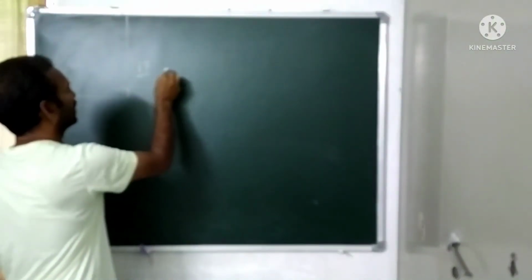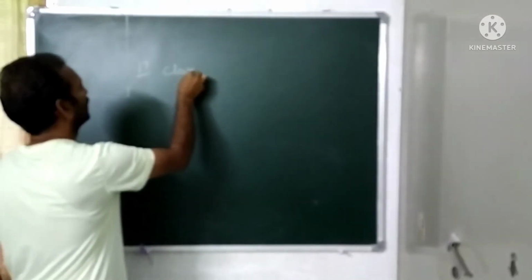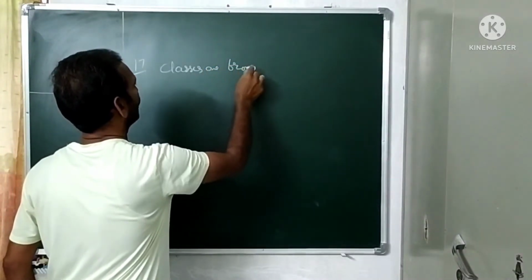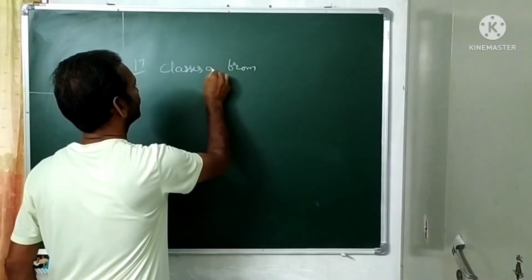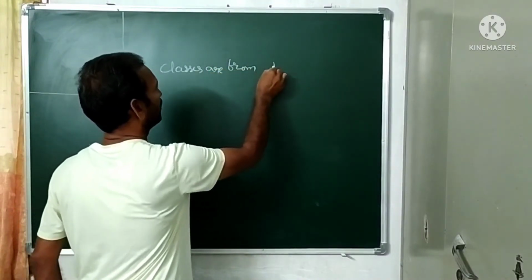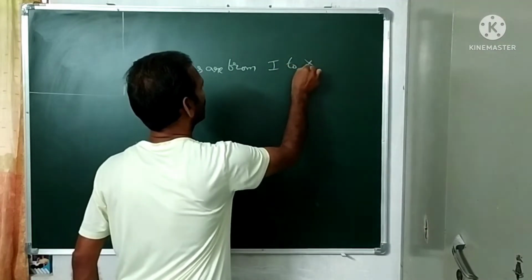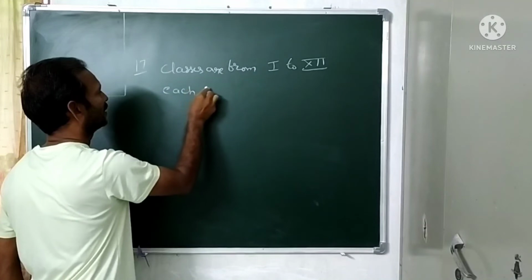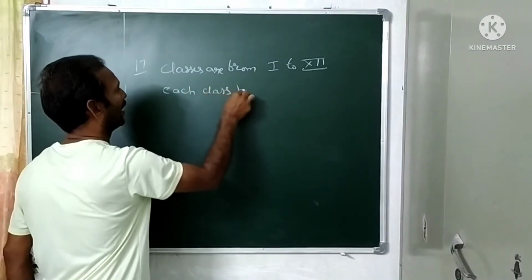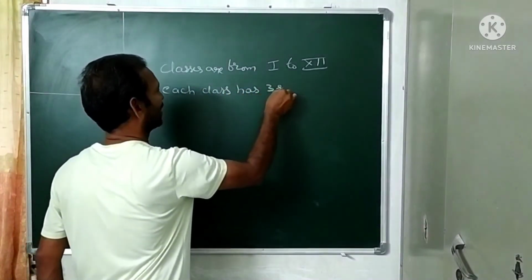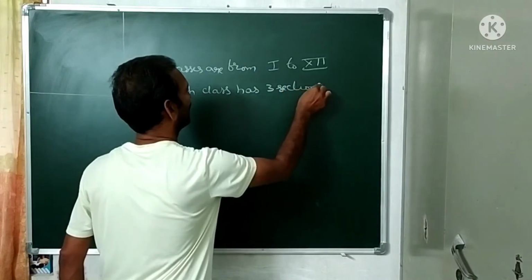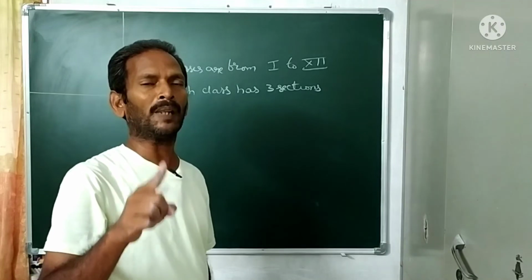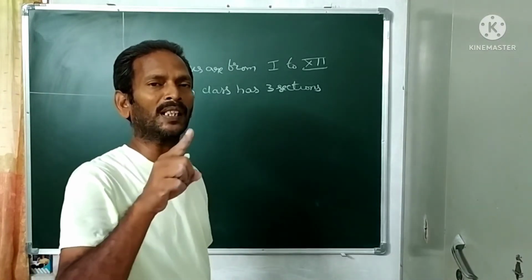Problem number 17. Classes are from 1 to 12. Each class has 3 sections. So each class, each section, how many plants they have to plant depends upon their class.